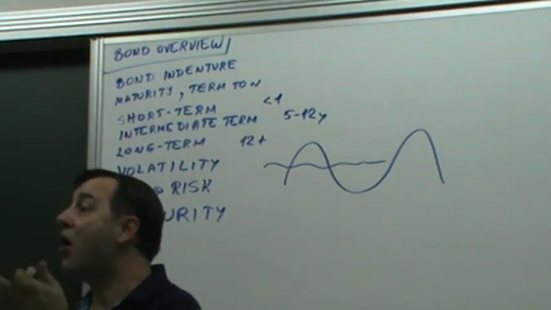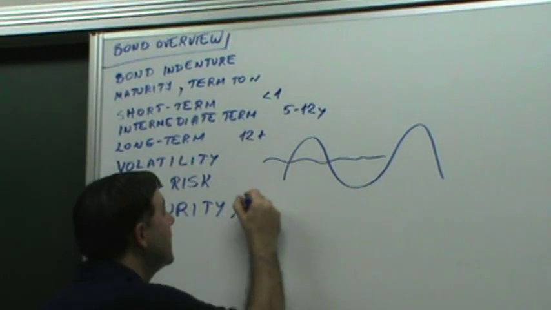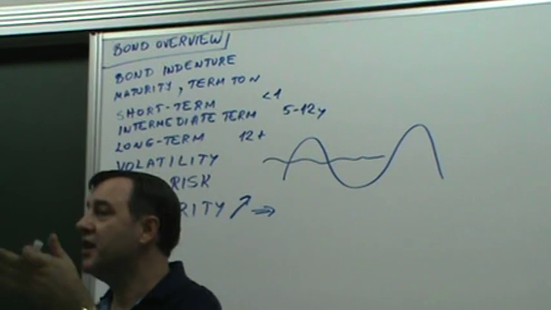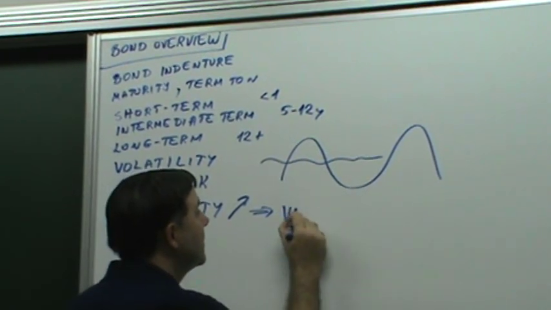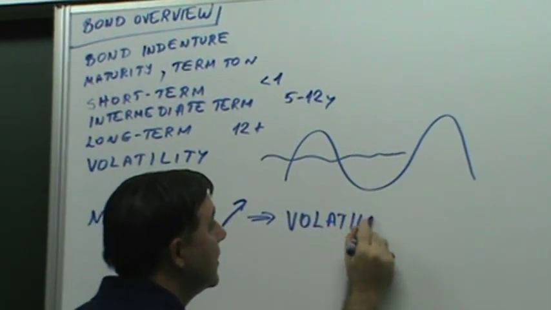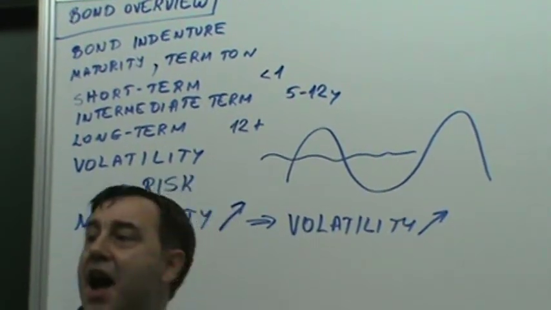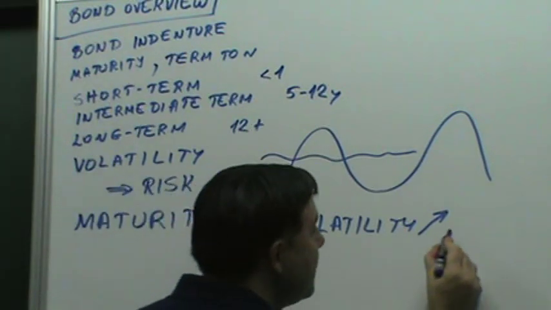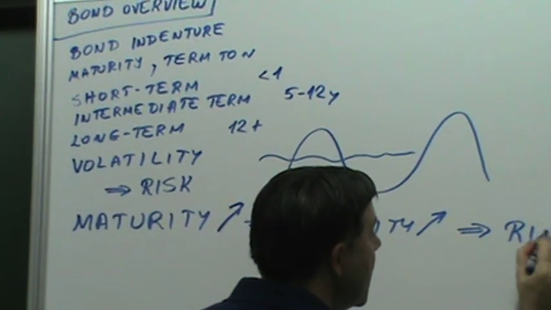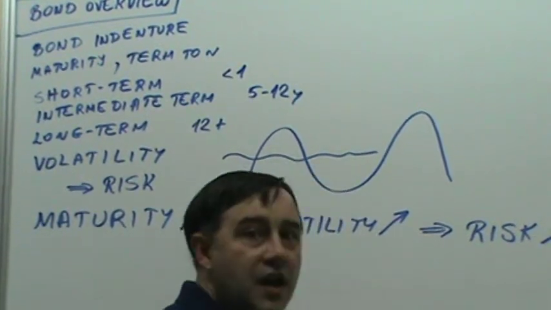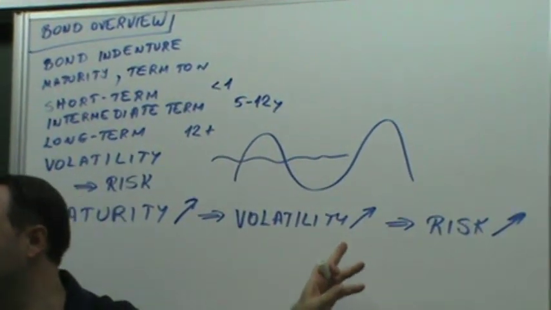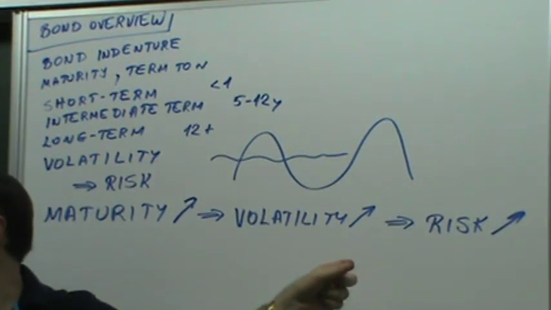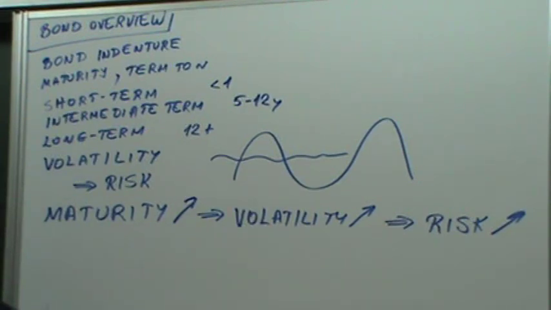For a bond, higher maturity means higher volatility, and higher volatility will mean higher risk. So, 2-year bond is typically going to be riskier than 1-year bond.